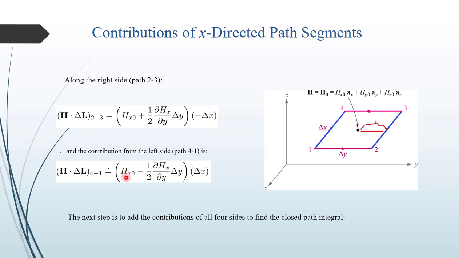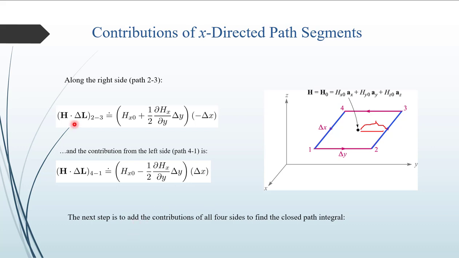So it will become hx naught minus 1 half dou hx by dou y into delta y by 2. And if this is multiplied by delta L, that is delta x into ax cap, then after dot product, ax dot ax is equal to 1 and we will get this equation.